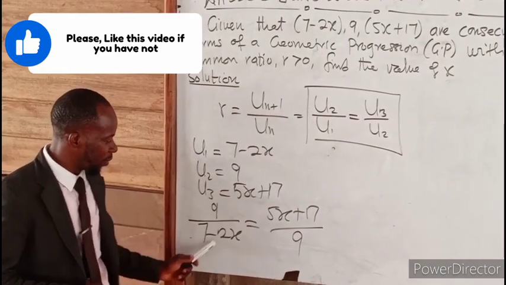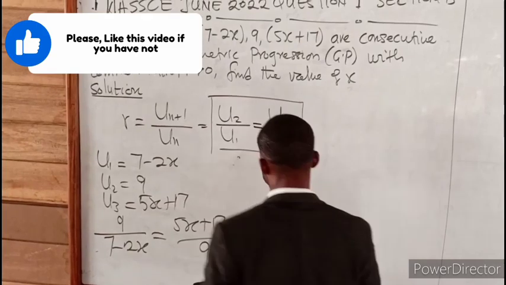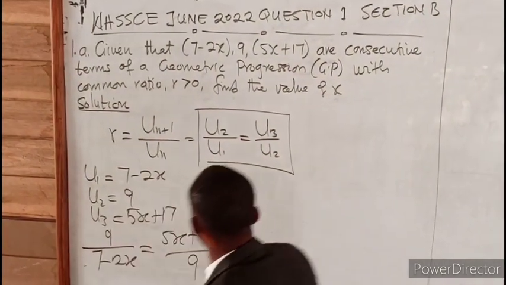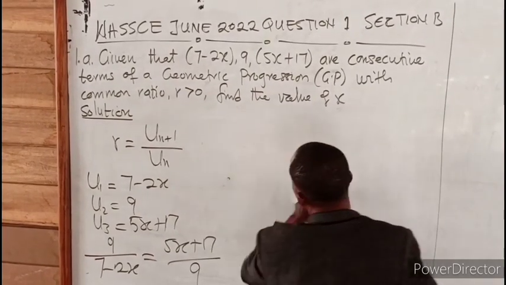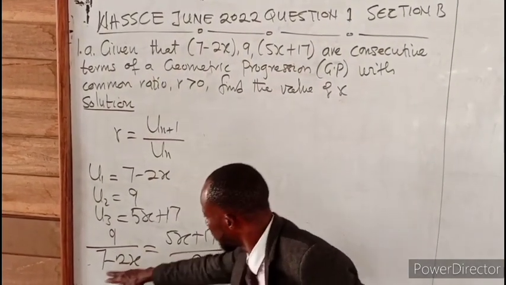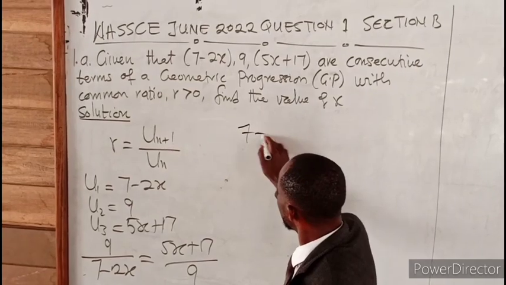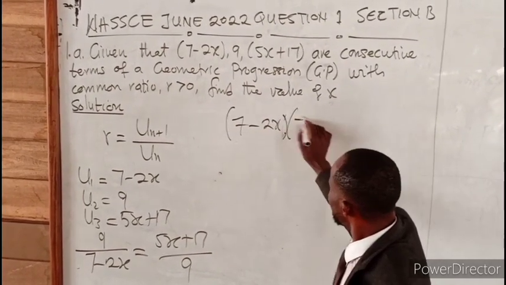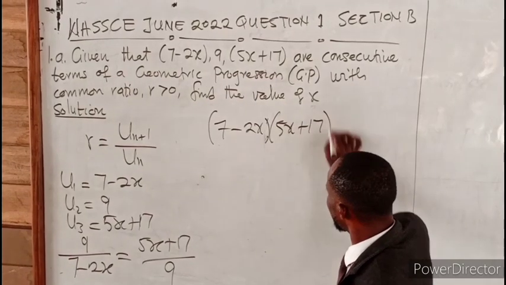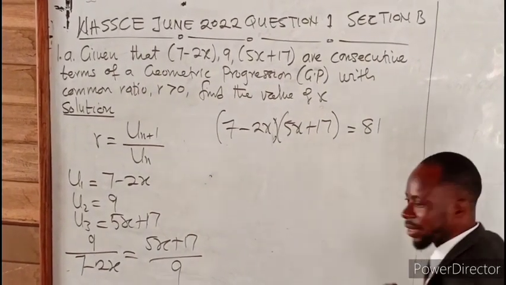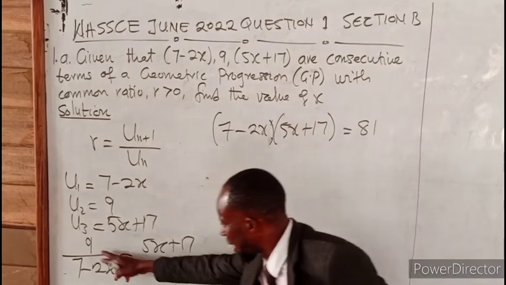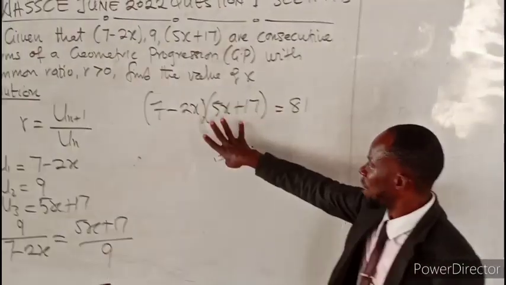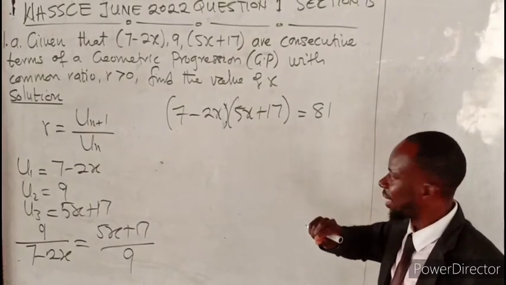So we are going to have 7 minus 2x multiplying 5x plus 17, all equals 81. Why 81? Because 9 times 9 gives us 81. So we need to expand this bracket using the FOIL method.